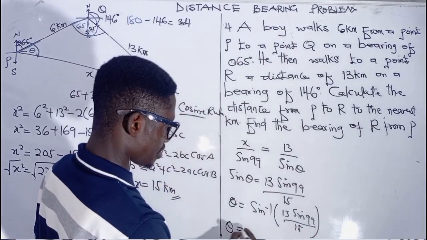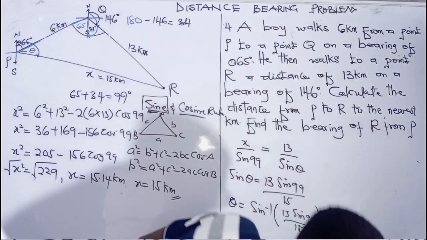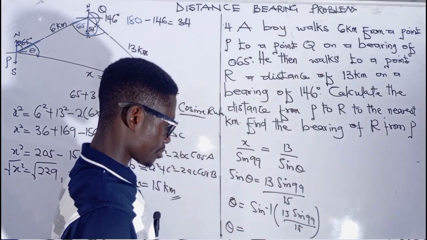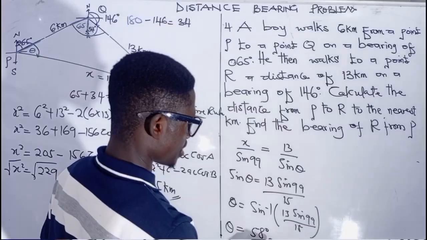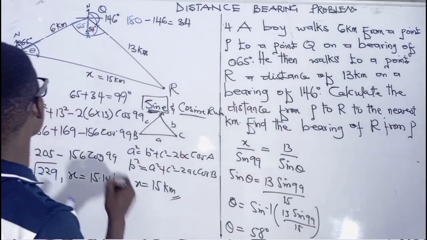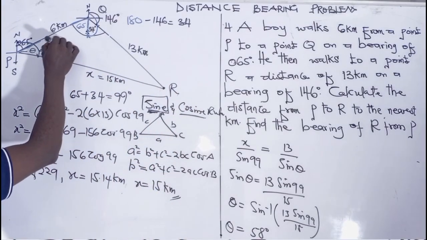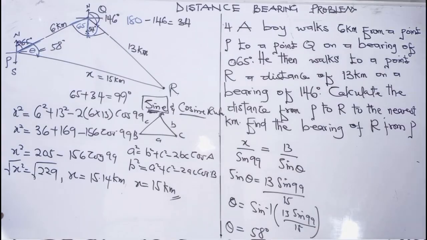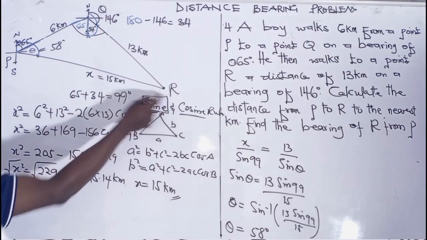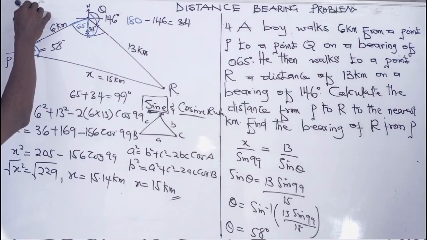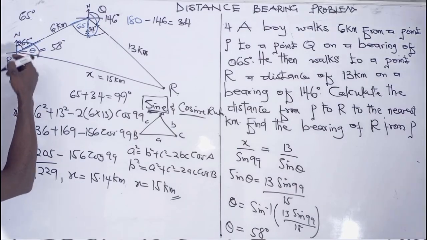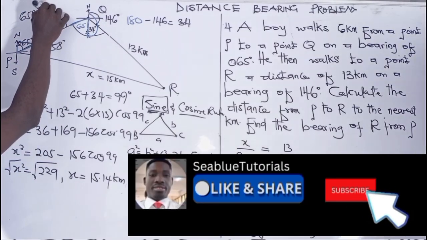So when you punch all of this on your calculator, we are going to get 58 degrees. So we know that this angle theta is equal to 58 degrees. So the bearing of R from P will be given as 65 degrees, which is this angle, plus angle theta, which is 58 degrees.